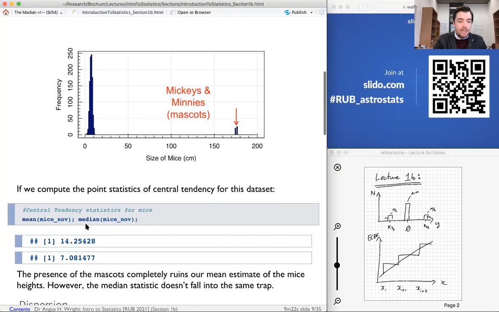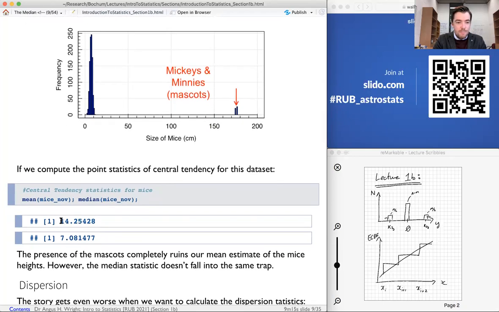Okay, and I calculate the mean of the mice in my data set and the median of my mice in my data set, and I find that the average height of a mouse around Disneyland in Florida is 14 centimeters. That's a very large mouse. However, the median is around 7 centimeters. So this demonstrates that the mean has been quite susceptible to the presence of these outliers.